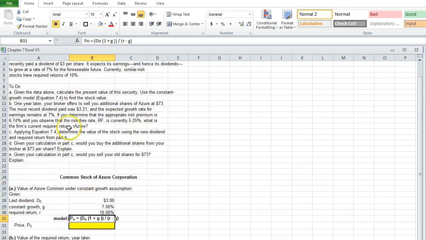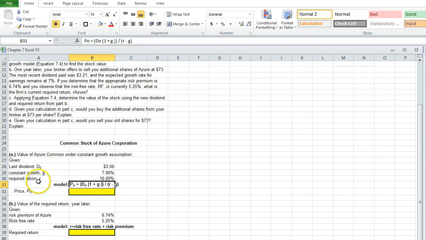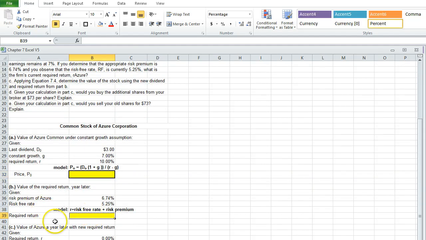So you just use the inputs described up here that were rewritten here. I rewrote them to give you D0, G, and R, and these are the variables you use in this formula to calculate the model. And there's the required rate of return, which would be the risk-free rate plus the risk premium. Again, I put those here together.